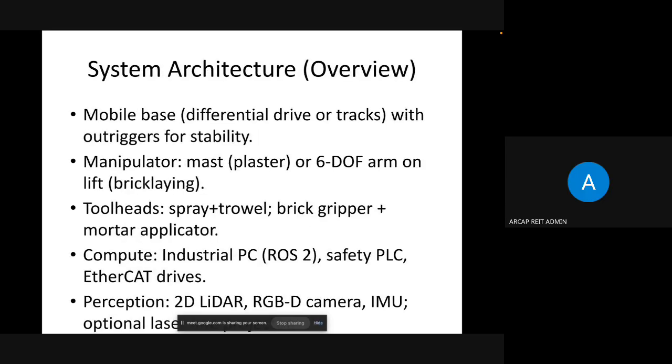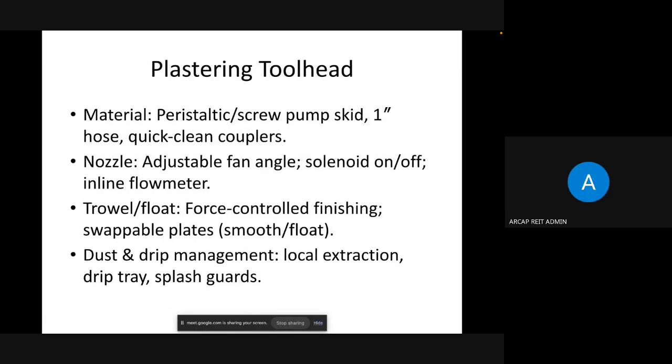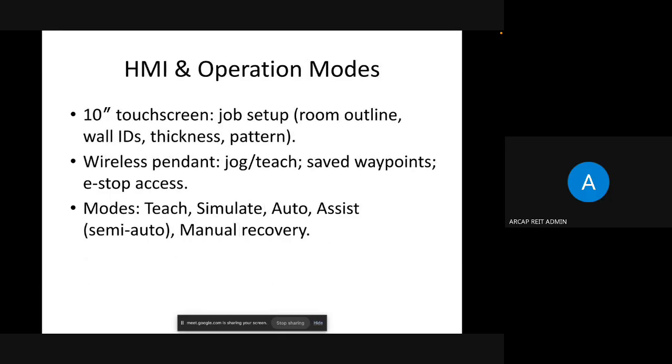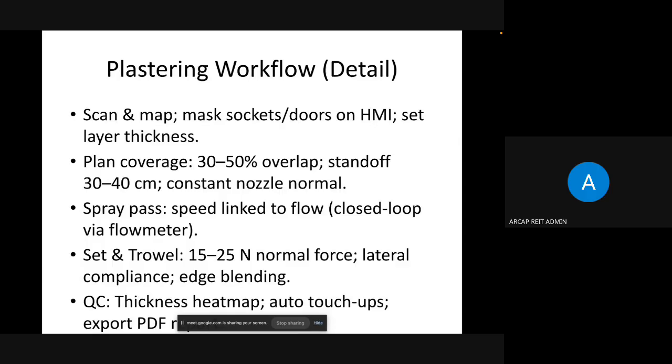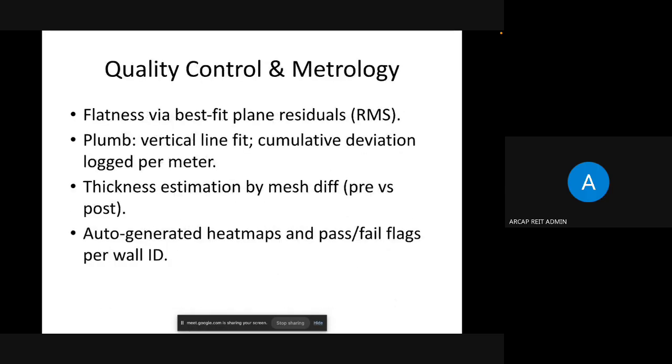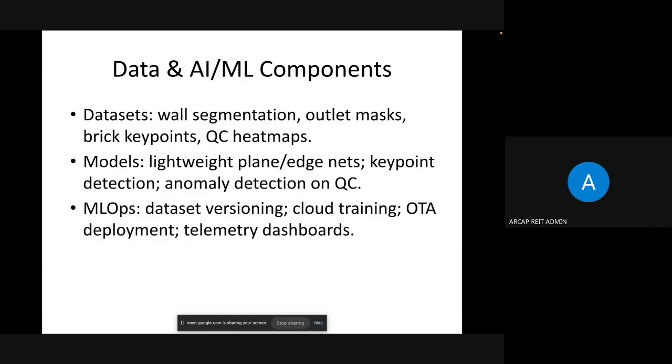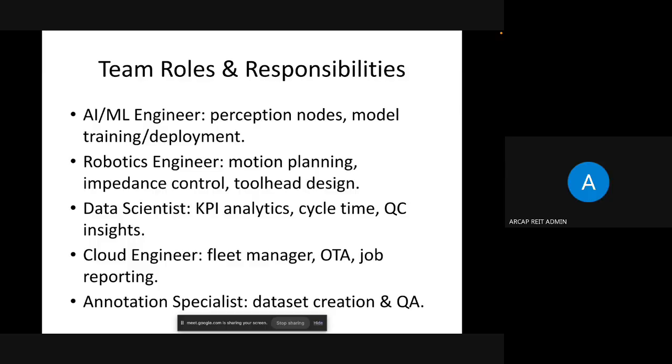So that's what we need to discuss. Here they have given the complete software controls, the HMI and operation modes, the plastering workflow, quality and control, safety and KPIs, and what we as data and ML people have to design, and what the robotics people have to do. They have also mentioned that.